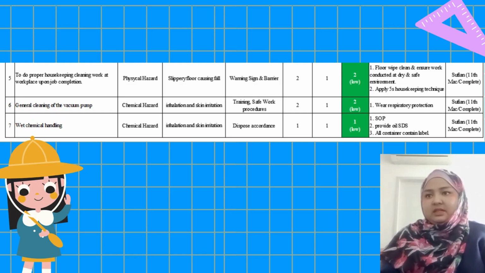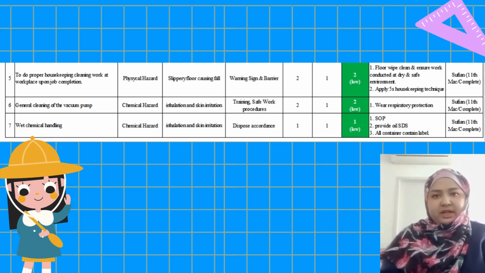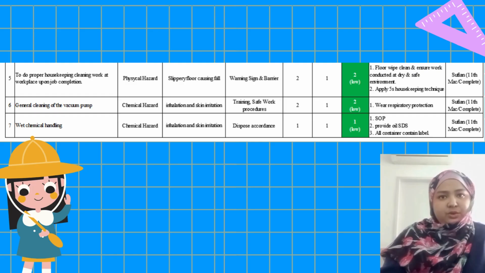The next, 7th situation, wet cleaning, handling, and it involves a chemical hazard, can cause inhalation and skin irritation. So what we can do is dispose accordingly, and it's a low risk, green color.